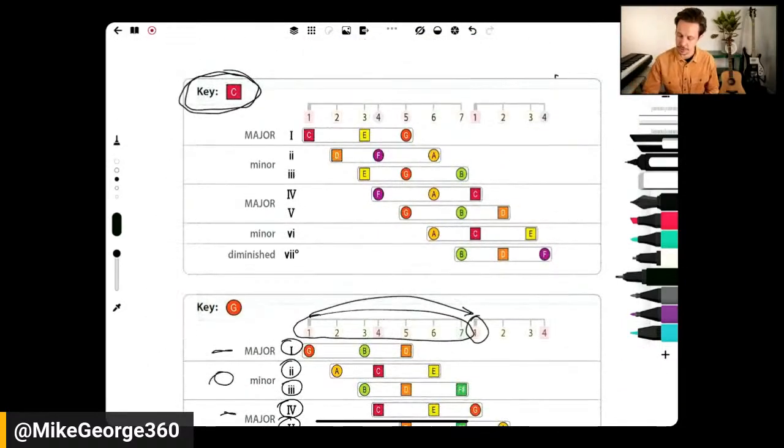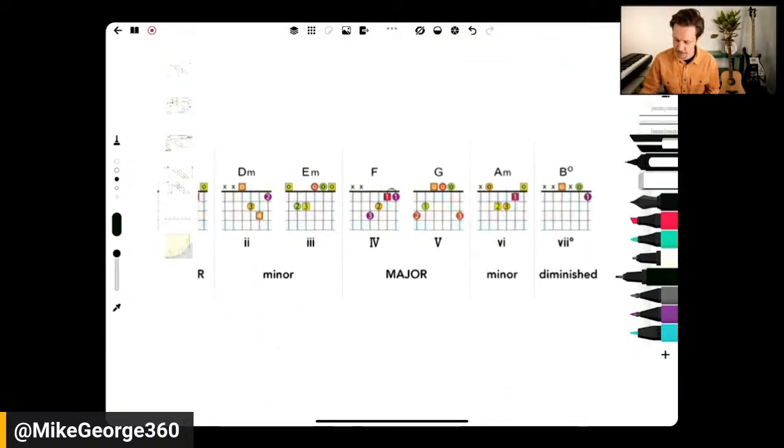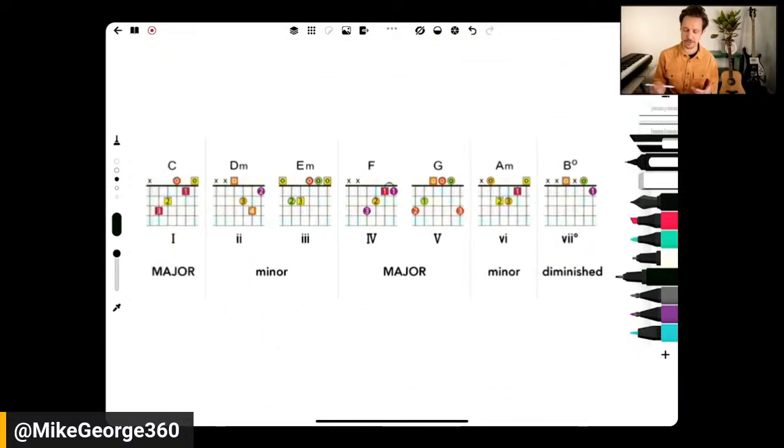This is especially conducive to, say, playing the piano, because that's how the notes are laid out in a linear formation like this. But of course, if we were to play these same patterns on a guitar with chord shapes, that's why sometimes you'll see these chord shapes labeled by Roman numerals.